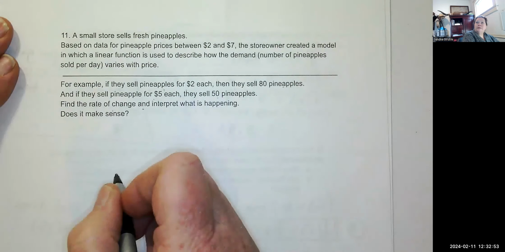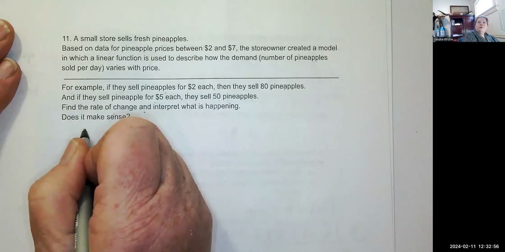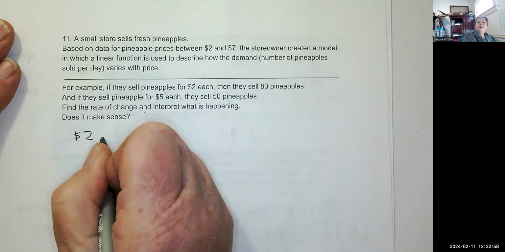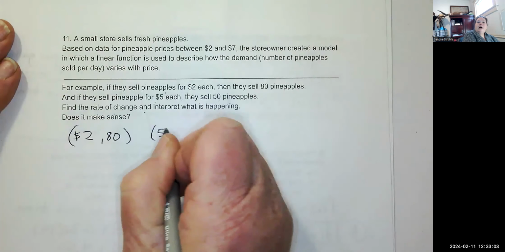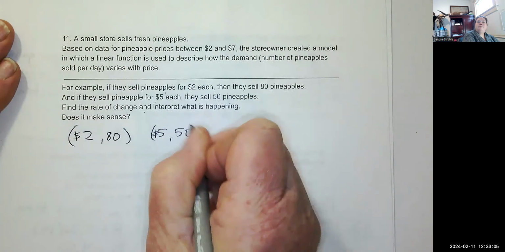So this one, we can decide if it makes sense or not. For $2, they're selling 80 pineapples. For $5, they're selling 50 pineapples.